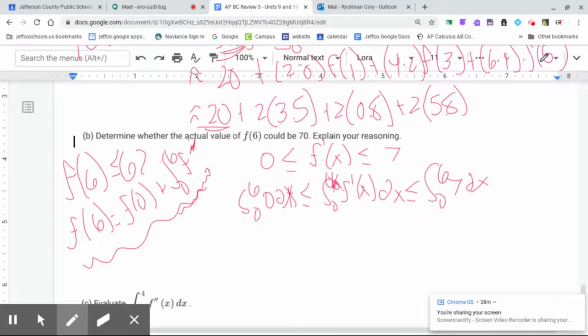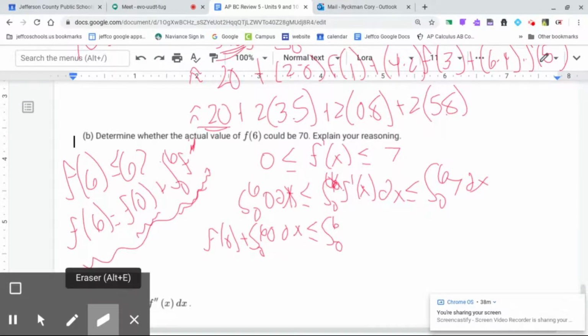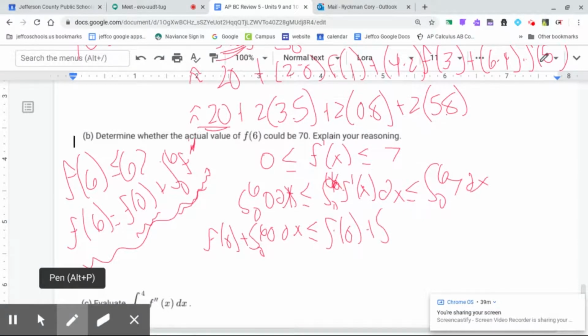And then I'm going to add in f at 0. So f at 0 added to all three pieces. If I add the same thing to all three, that's cool. Now I've got the expression I want to bound in the middle.